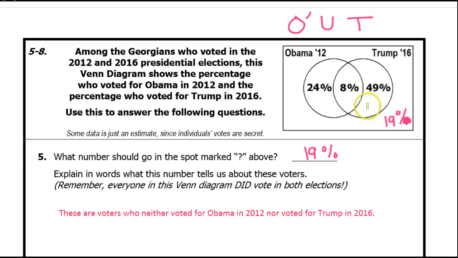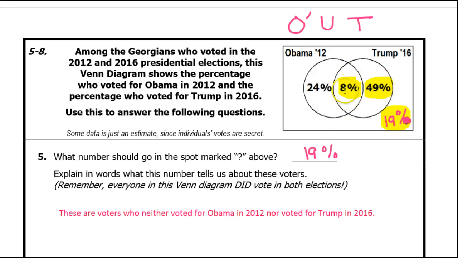Sorry, not Obama would be 49 and 19. Those numbers are not Obama. Now, or Trump will include the 8%. So add these three numbers together, and that will give you not Obama or Trump.